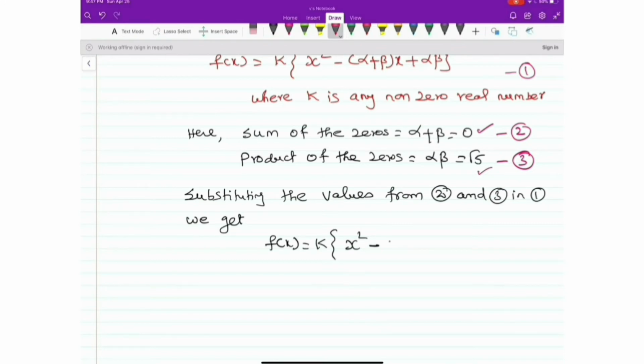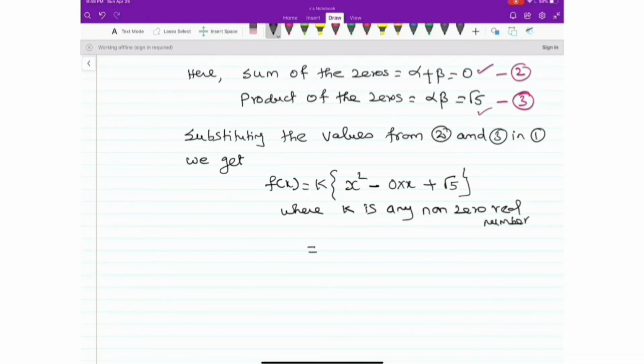Let me write that, nothing wrong in writing it. 0 into x, then plus root 5, where k is any non-zero real number.